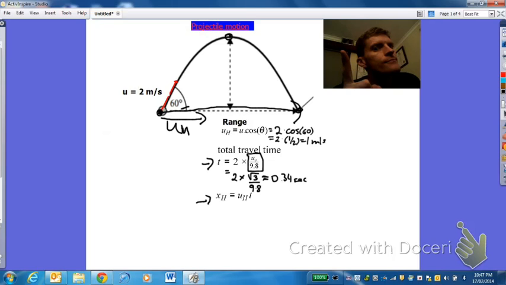Okay, now once we've got our time and we know the horizontal initial velocity, we're going to put them together in this rule here to get the range, the total horizontal displacement.